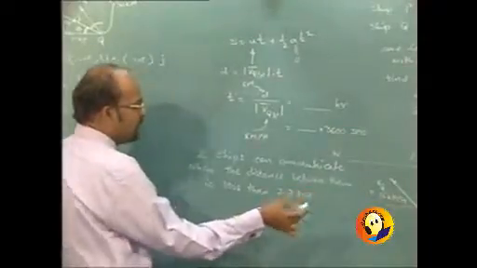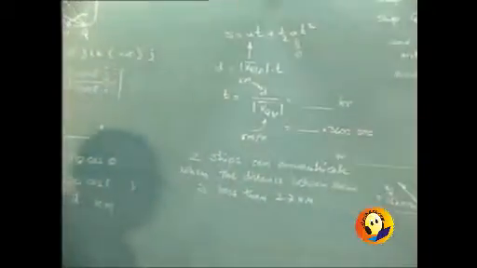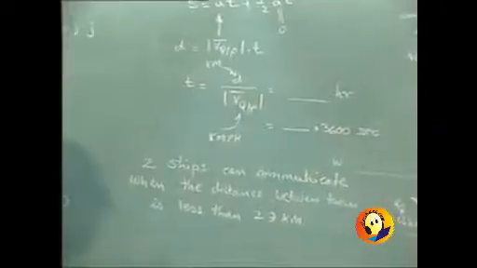So 27 kilometers could be the range of the radar, so that these two ships can communicate.